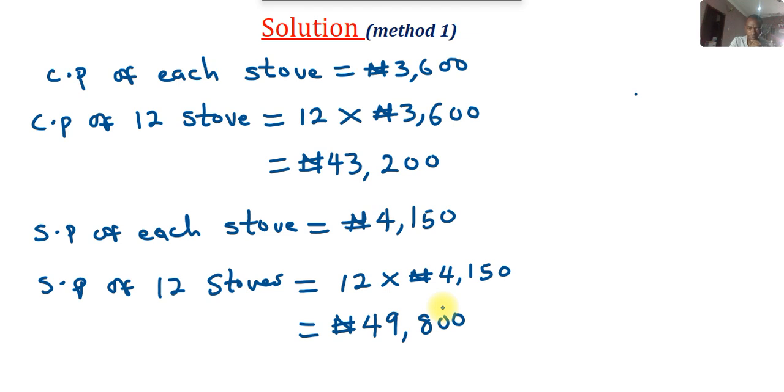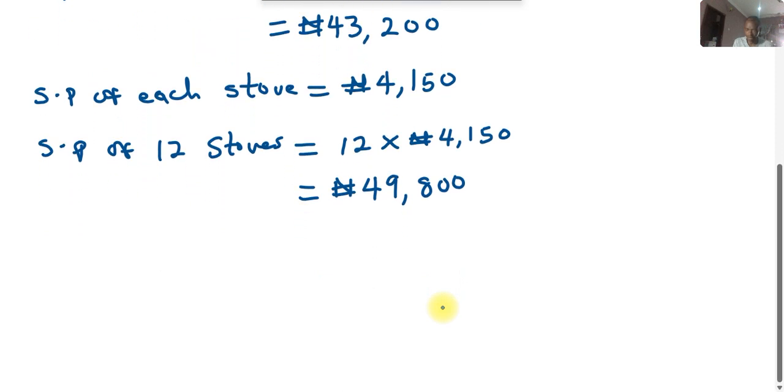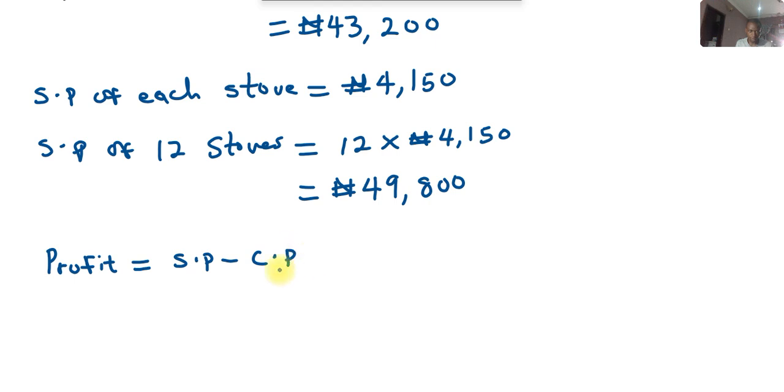So let's take the profit now. According to the formula, our profit is selling price minus cost price, and therefore we have selling price, which is 49,800 naira, minus 43,200 naira.